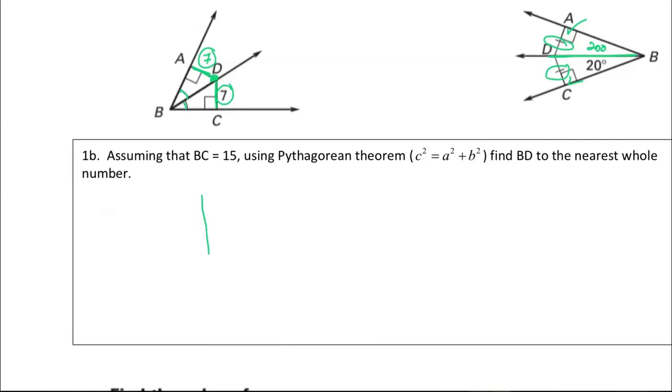So here comes the triangle. I'm drawing it from this problem right here. Let's do this better. Hang on, I'm going to take advantage of my ability to draw nice straight lines in here. Here's my right angle. And what do I know?